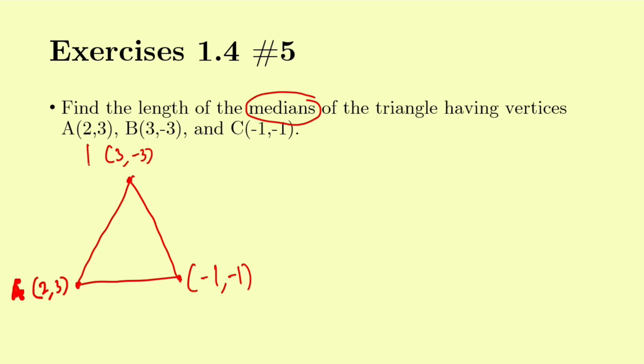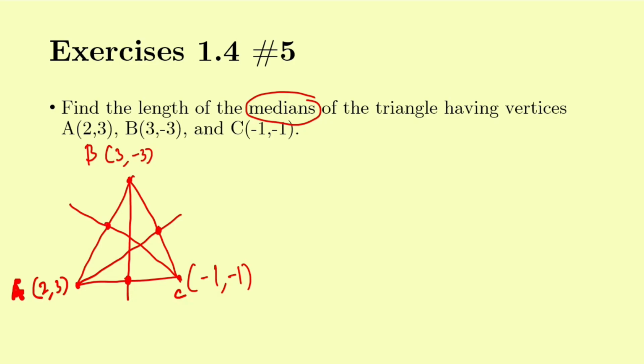This one is B, and this one is C. So, mula kay A, you're going to draw a segment that bisects the side or the segment BC. Also, you will draw a segment from B to AC, wherein it bisects AC as well. And lastly, you will draw a segment from C bisecting AB.